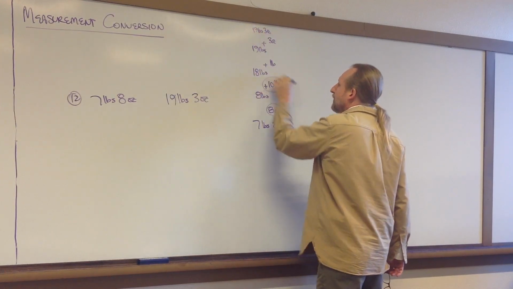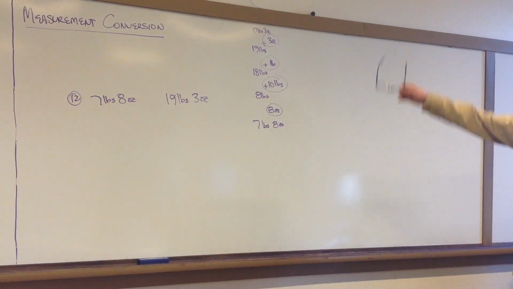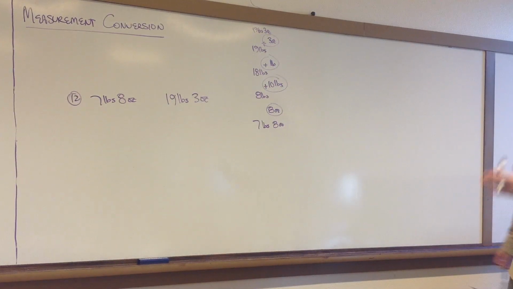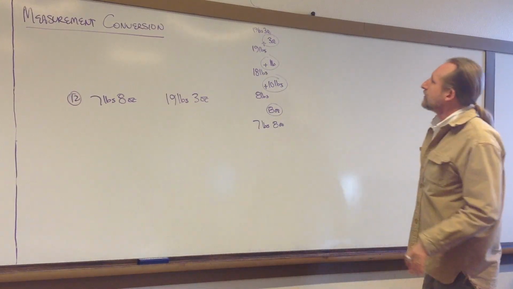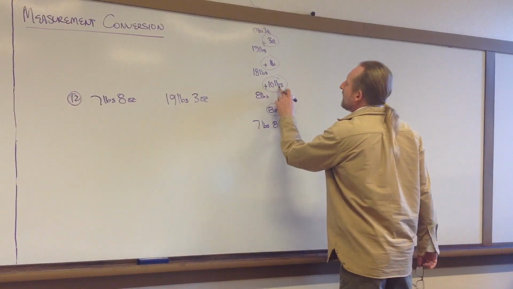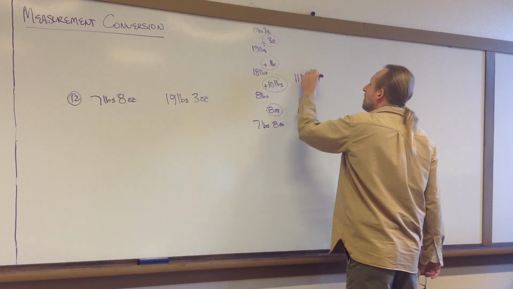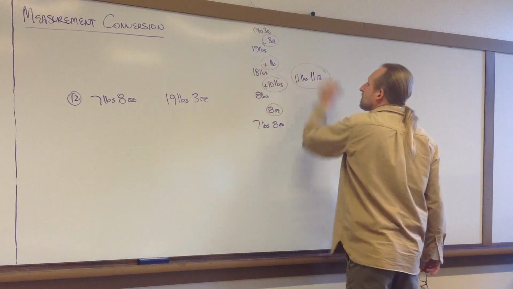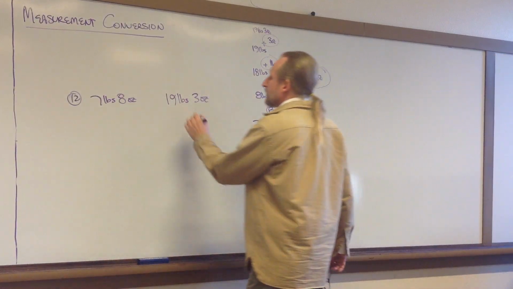So this is what we've had to add to get from 7 pounds, 8 ounces up to 19 pounds, 3 ounces. And you can do this in any way that you want, so long as you're doing it correctly. But let's see. So we had to add 11 pounds and then 11 ounces. Okay? Well, let's do the subtraction and see what happens.